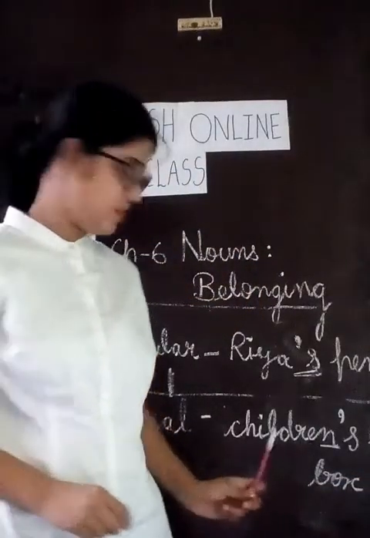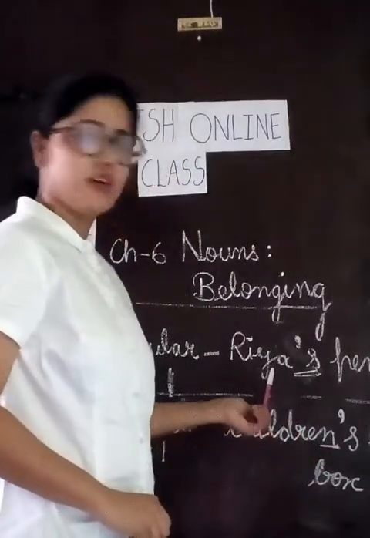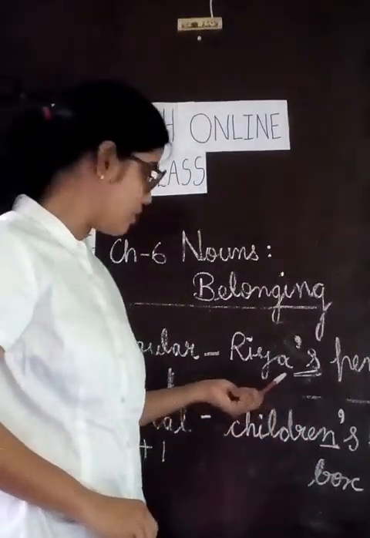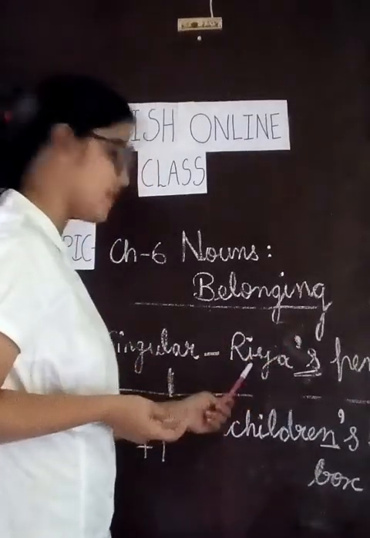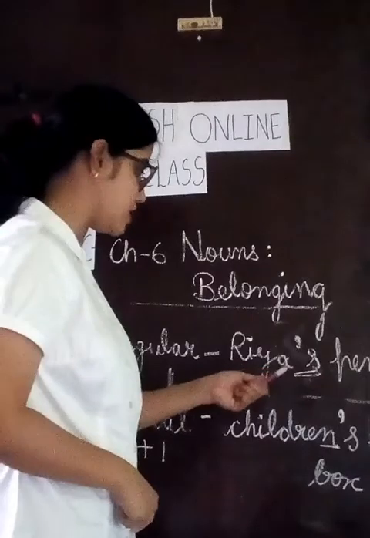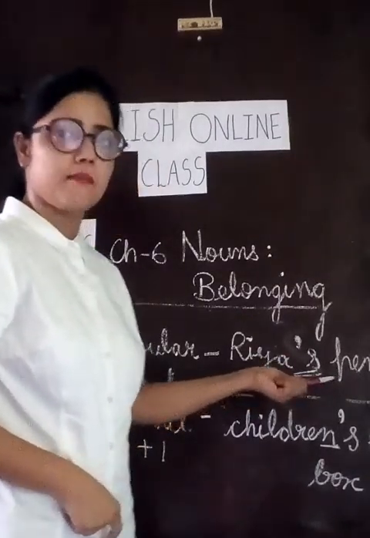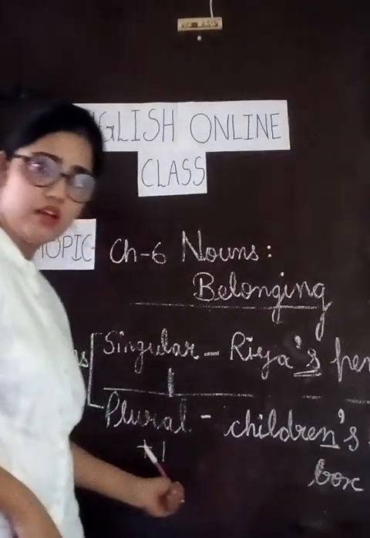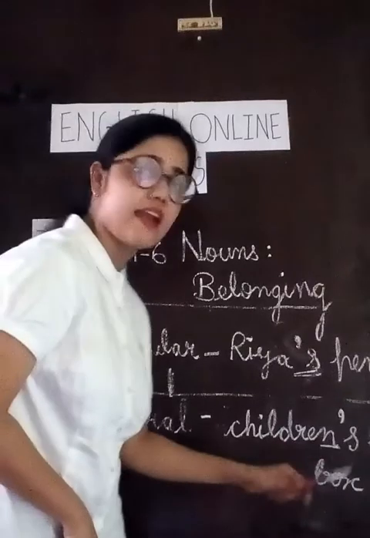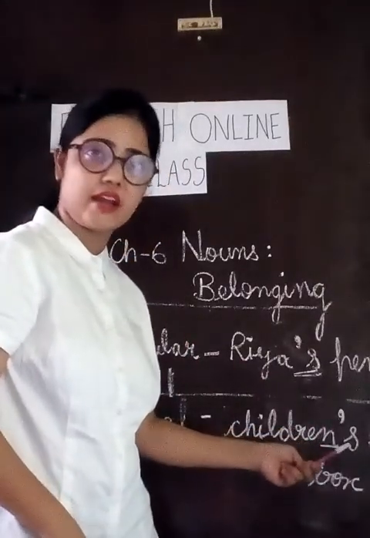And whatever thing belongs to them, suppose children's box. So like this, first of all we will check whether the noun is singular or plural. If it is singular, there is no issue. We will just add apostrophe and s at the end, and then write the object. But if the noun is plural and it doesn't end with s, then we will also put apostrophe and s.